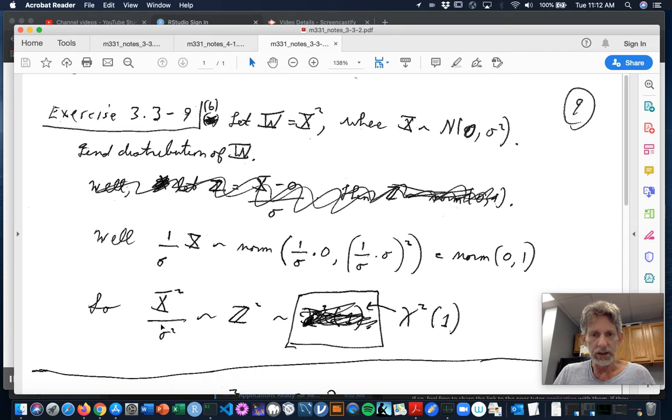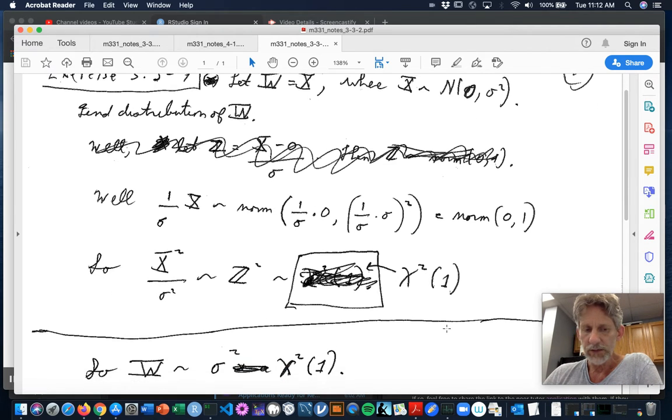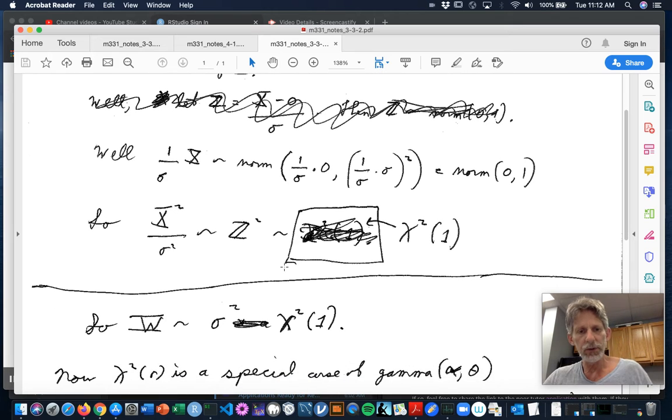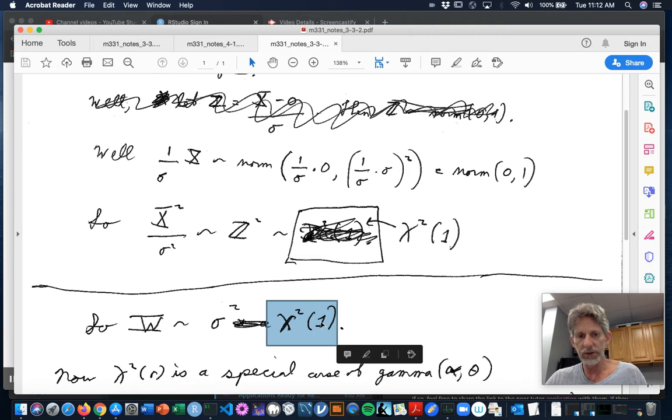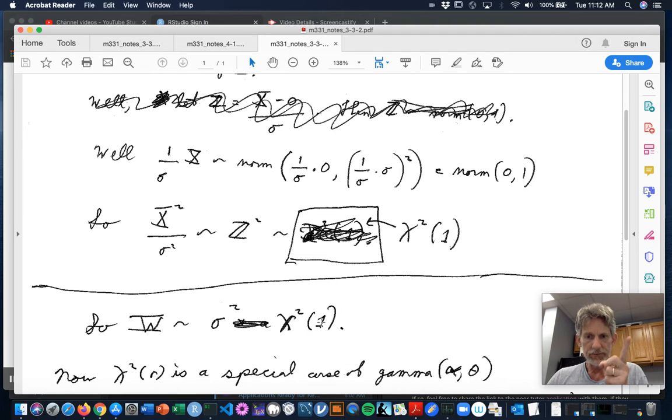We know that it would have to be chi-square with 1 degree of freedom, because the square of a standard normal is chi-square. That doesn't quite give us the distribution of W, because W is sigma squared times a chi-square with 1 degree of freedom. But we can get it.